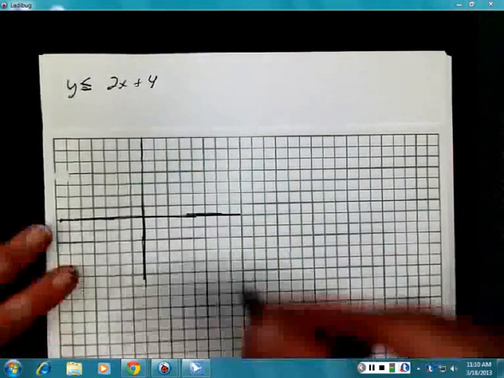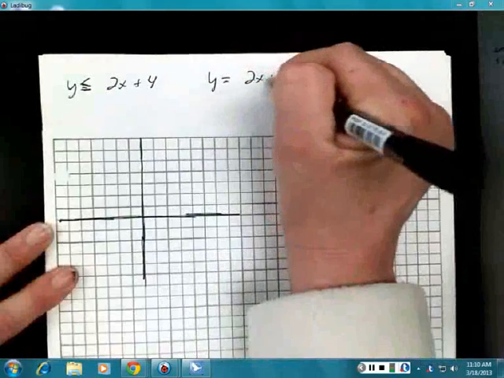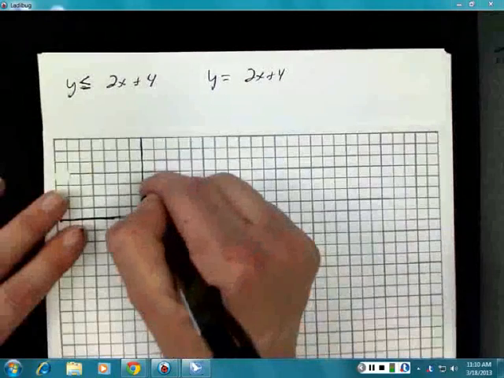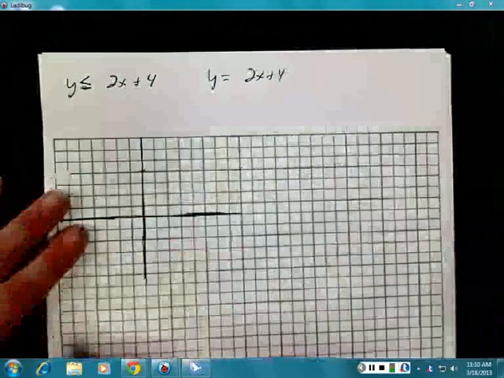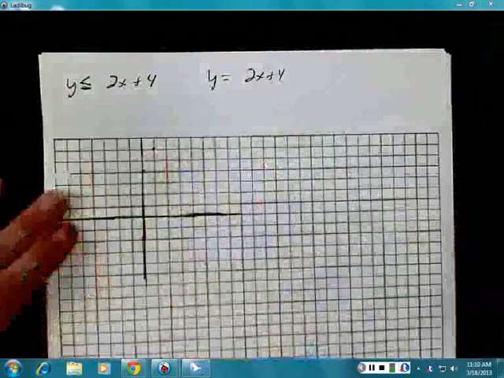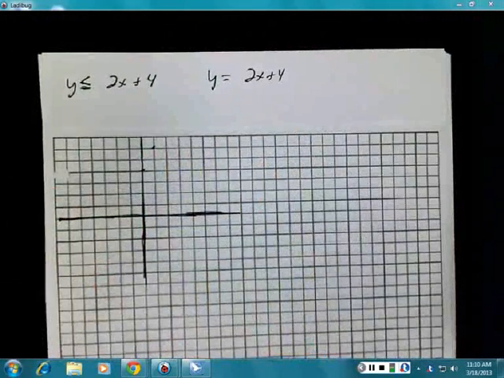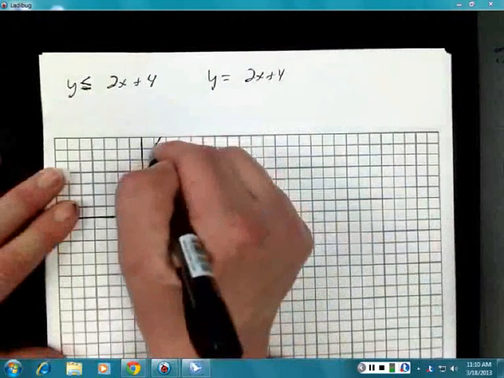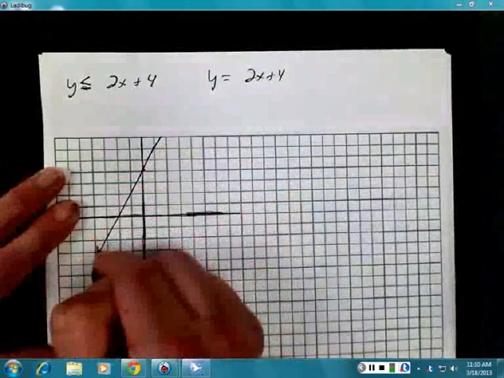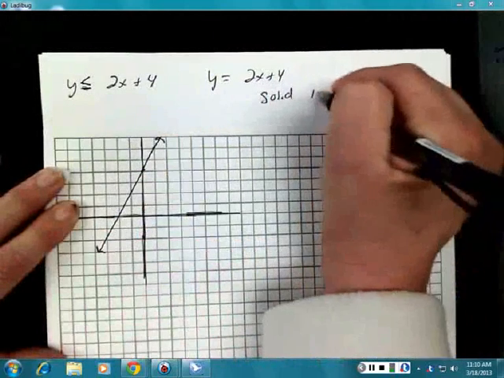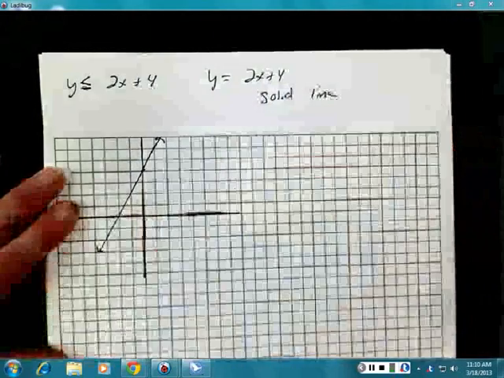What does it tell me to do? So back to my y, if I just had y equals 2x plus 4, what would I do to graph that? Up 4, 1, 2, 3, 4, and up 2 and over 1, okay? And so then what would I end up doing? Because there's an equals, I will put a solid line through this thing. So it's going to be a solid line.